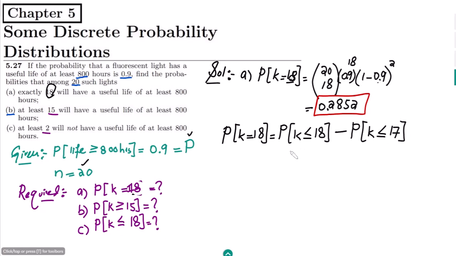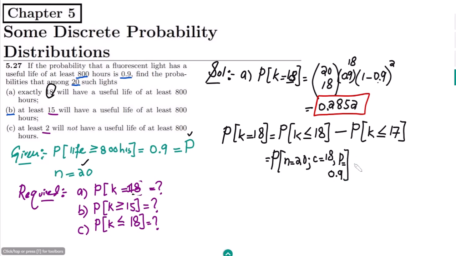In order to find these values from the table, n is 20, C is 18 and the probability is 0.9.